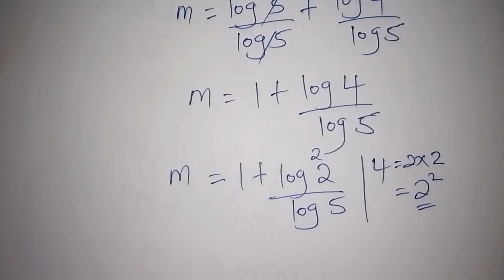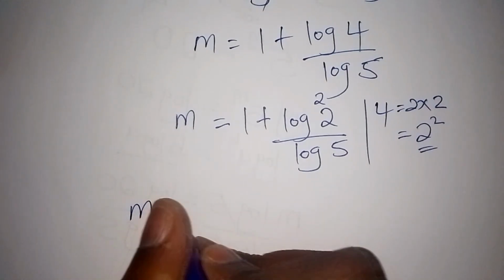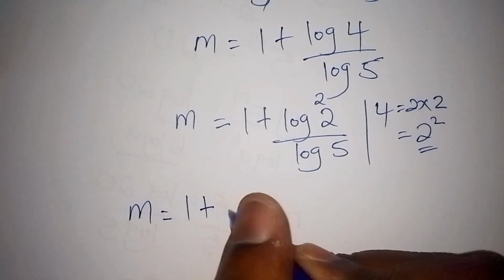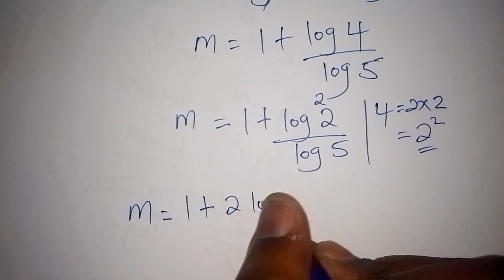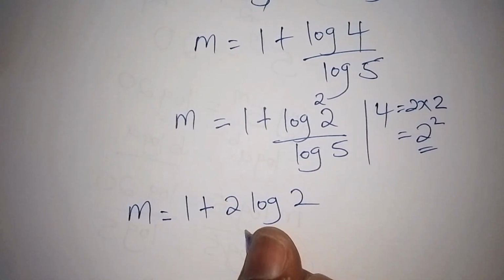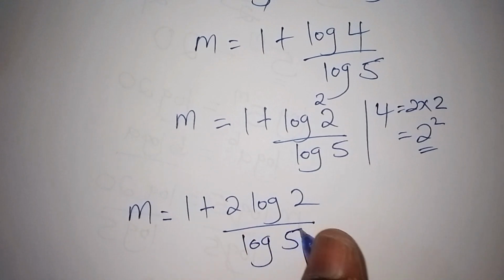So let's now work the number out. Now our m shall be equal to 1 plus the log of 2 to the power of 2, which is 2 log 2, all over log 5, as we divide both sides by the log of 5.